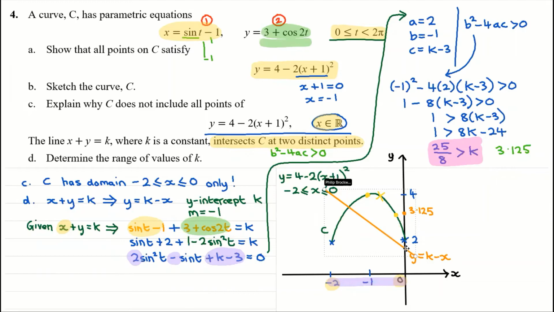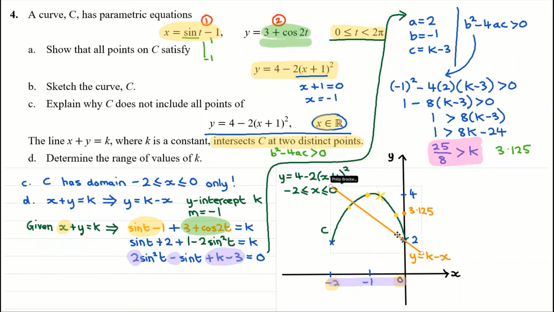The curve is not defined below the point (0, 2). From that point onwards, there is just going to be either one point of intersection, which you can see right there as an example, or no points of intersection, because if I carry this further on, it's going to go down and down, one point of intersection all the way, until I get to this point here, where there's going to be nothing. So where is my limit? Well, my limit occurs the very moment my y-intercept drops below 2.